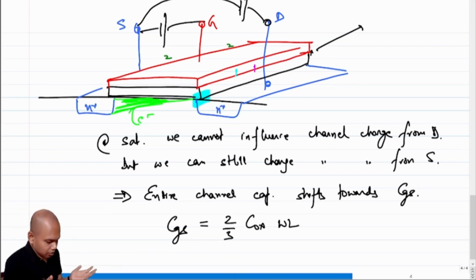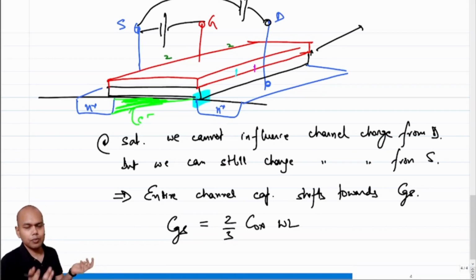So since the total charge has also reduced, we assume that the capacitance has also reduced, and then essentially CGS becomes 2/3 Cox times W by L. This is the channel charge, right?